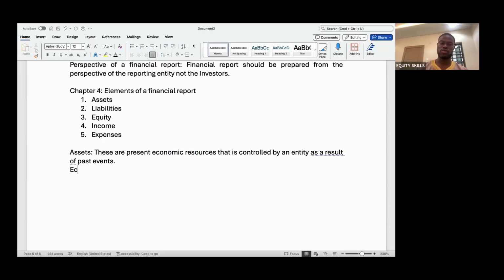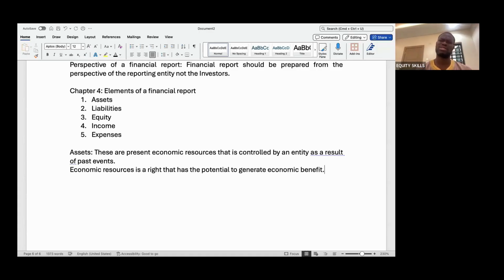And you need to understand that when we say economic resources, we are talking about a right. It is a right that has the potential to generate economic benefits. So when you have a right that generates money for you, that's an asset.